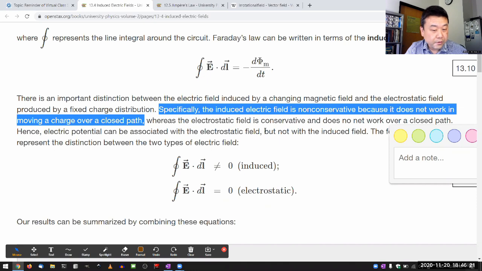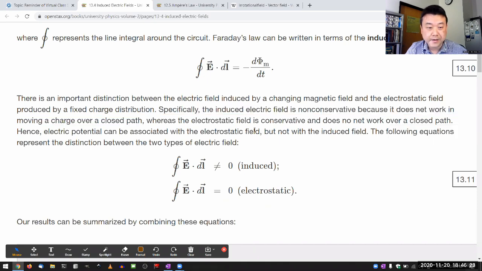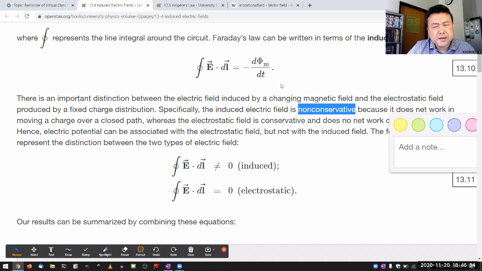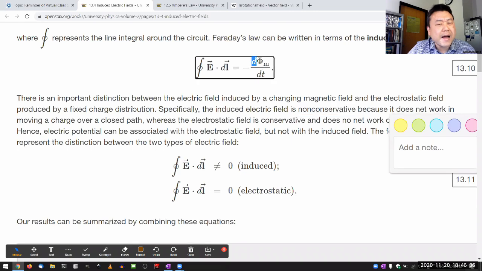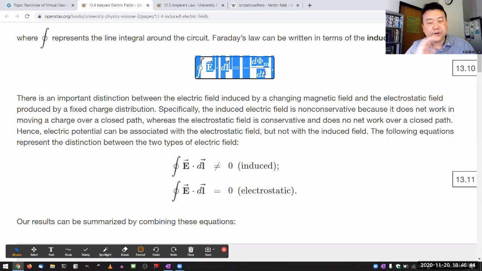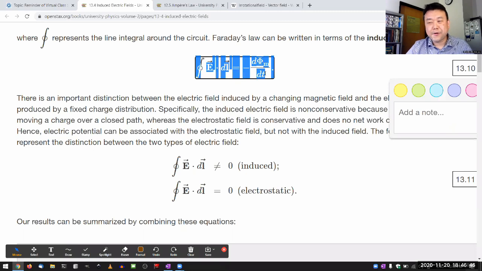And what I want to assure you of is that energy conservation on the whole is still valid, because in producing this induced electric field, which is non-conservative, there has to be a change of magnetic field. So that would mean change of current, and there's enough complexity there that you can figure out where the energy is coming from and where the energy is going.